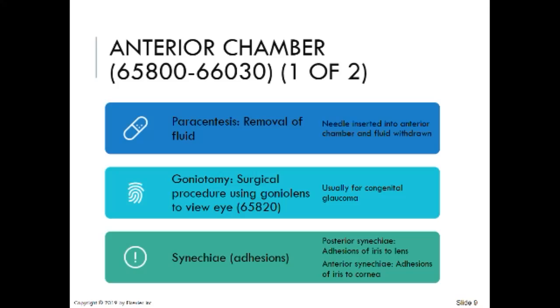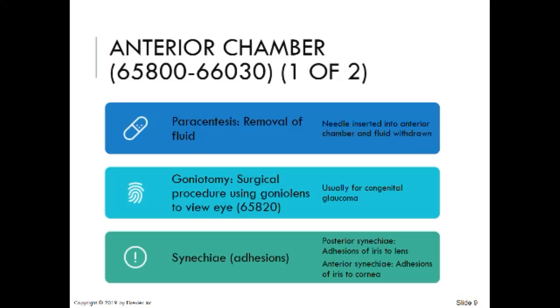Anterior chamber, 65800 through 66030. Guys, I haven't said this yet, but you really do need to have your CPT books out, and you need to be looking at these codes while we're reading through. That way it's going to make a lot more sense to you. So, paracentesis, removal of fluid. The needle is inserted into the anterior chamber and the fluid is withdrawn.